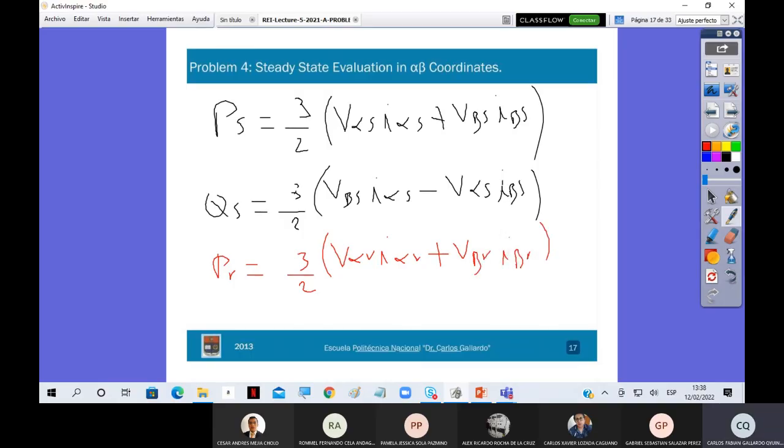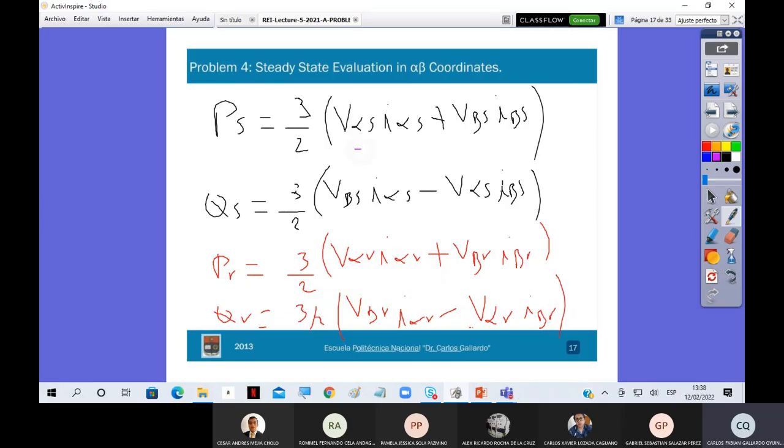This is for the rotor active power. For the rotor reactive power is equal to 3/2. This is the beta component times the alpha component minus the alpha component times the beta component. Okay, so we have already computed these values.